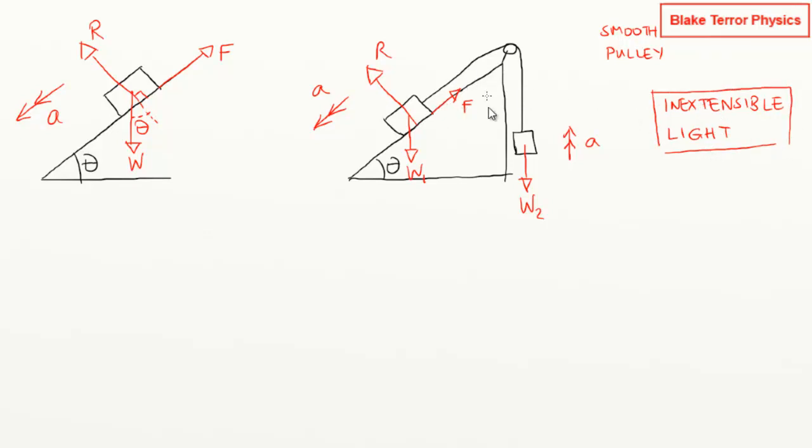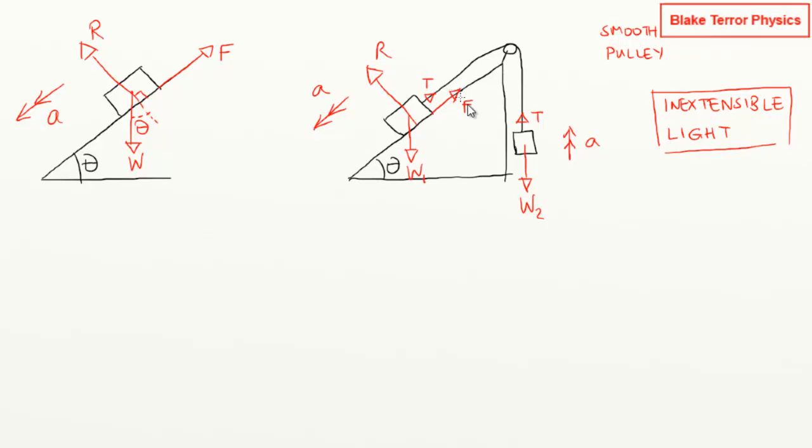The only thing we have to do with a string is mark on the other force that we have, which is the tension. So the tension in a string will always act away from the object that it's attached to at the point of contact. So we've got a T going upwards from this mass that's hanging down on one side of the slope, and then we've got a T going up again for the object that's on the slope itself.